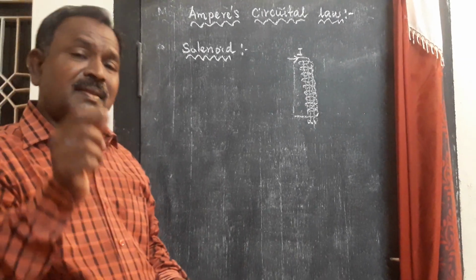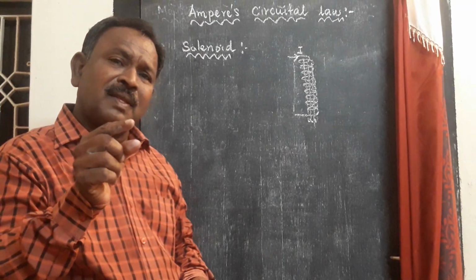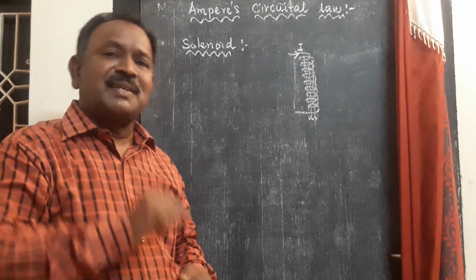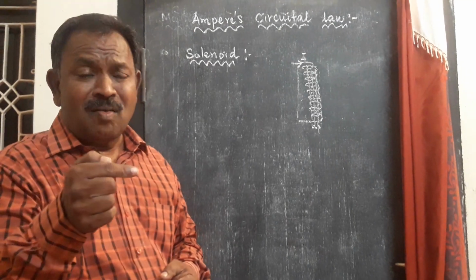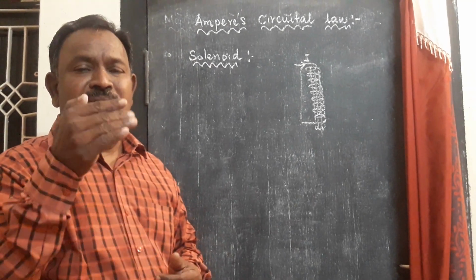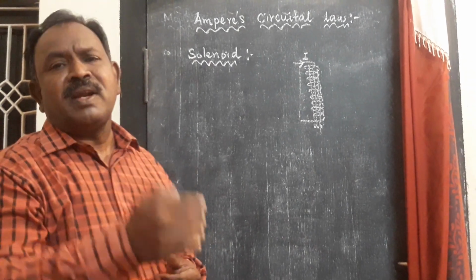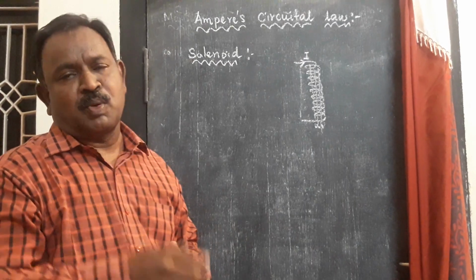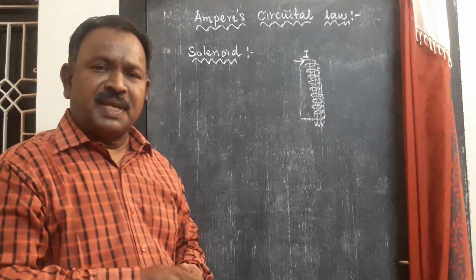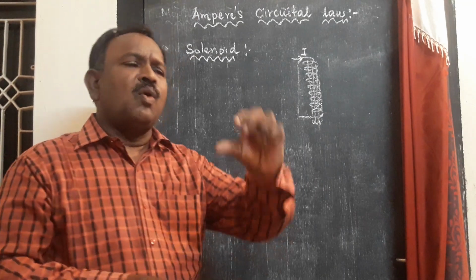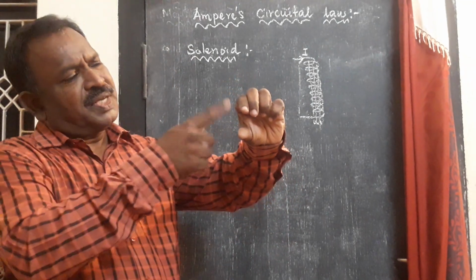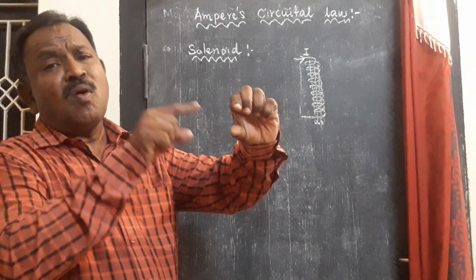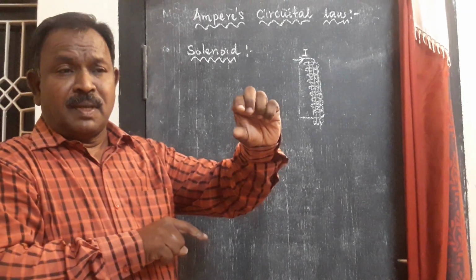So when the current is flowing in the clockwise direction, the near end of the solenoid is the south pole and the far end of the solenoid is the north pole. Once again, you are holding the solenoid like this, and you are seeing the direction of flow of current through the solenoid.